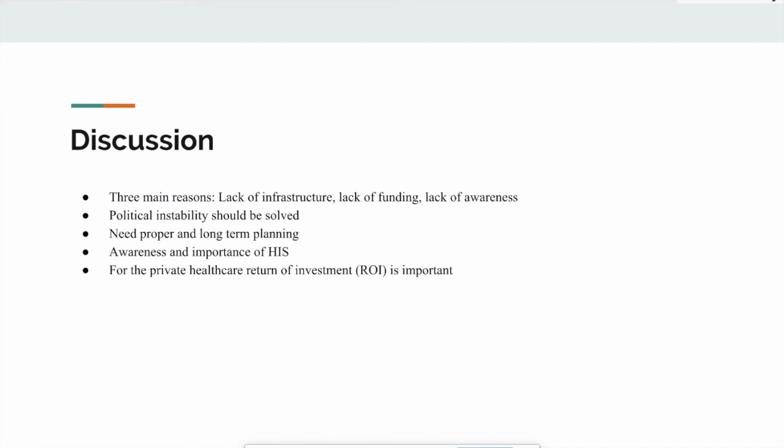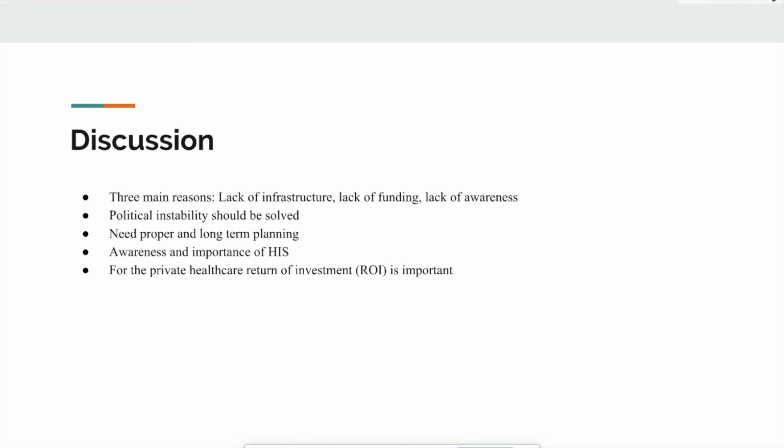Political instability also has a hugely negative effect on implementing a successful information system in healthcare. Executing a proper plan in developing countries may become difficult due to political instability, corruption and overpopulation. If these political issues and corruption cannot be stopped, it would be very difficult to implement a successful IS in developing countries.